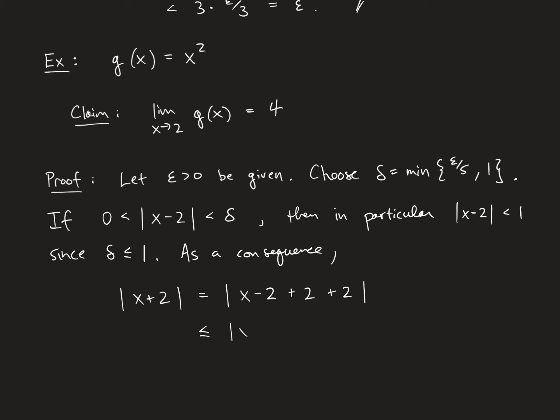So that's less than or equal to the absolute value of x minus 2 plus the absolute value of 2 plus 2, or 4. So that's 4 plus the absolute value of x minus 2, and we know the absolute value of x minus 2 is less than 1. So this is less than 1 plus 4, which equals 5.